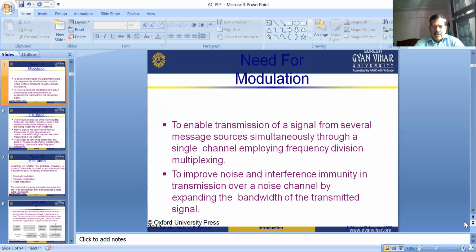So the noise effect will be on the bandwidth of the signal. And what is bandwidth? Basically, bandwidth is the difference of two frequencies, higher frequency minus lower frequency. We can also say that the path of communication is called the bandwidth.